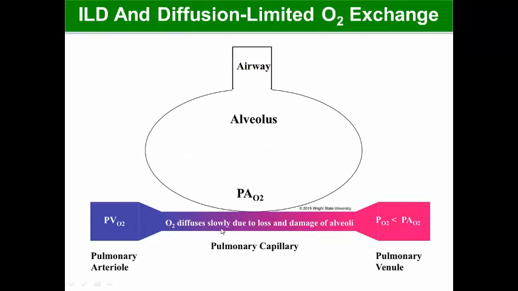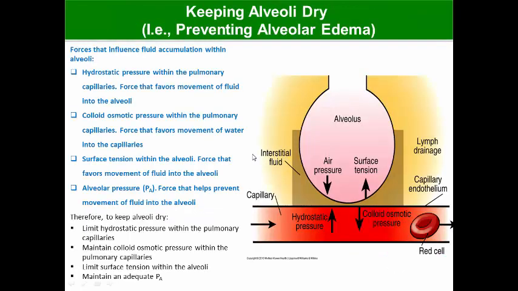Oxygen diffuses slowly due to the loss and the damage of the alveoli, and it doesn't get equilibrated with the alveolar air. So even by the end of the pulmonary capillaries, the partial pressure of oxygen is still less than the partial pressure of oxygen in the alveolar air.